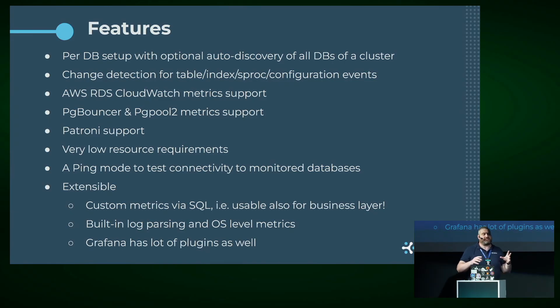So you can set the auto discovery mode. When PGWatch connects to the instance and fetches the metrics, it will check for new databases on the instance, and if new databases are found, it will automatically add them under monitoring. So you don't need to do anything. New databases arrive, and they're already in monitoring, right?